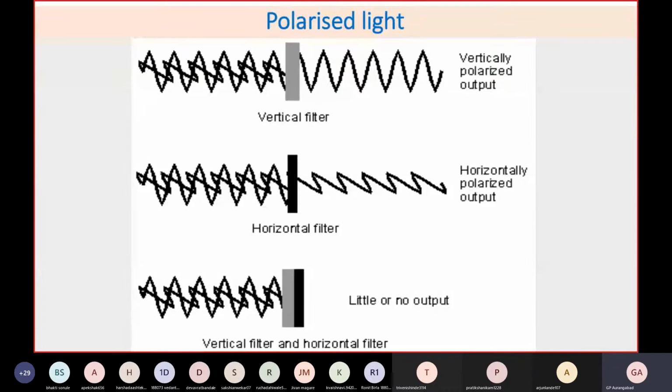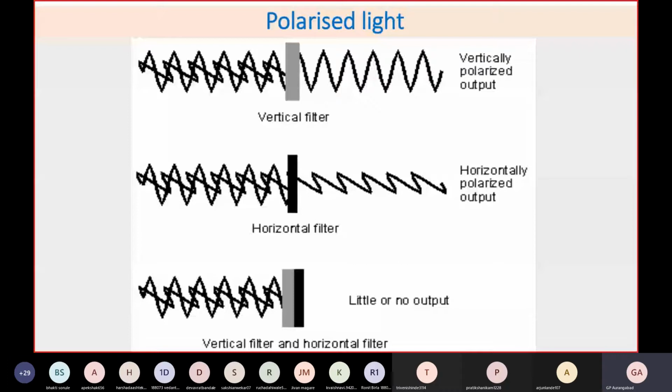Similarly, horizontally polarized waves will be passed by a horizontal filter and the remaining waves blocked. If both filters are kept adjacent to each other, they will almost block all the horizontally or vertically polarized waves, and there will be almost no output across the filters. This is the effect of using a light filter.